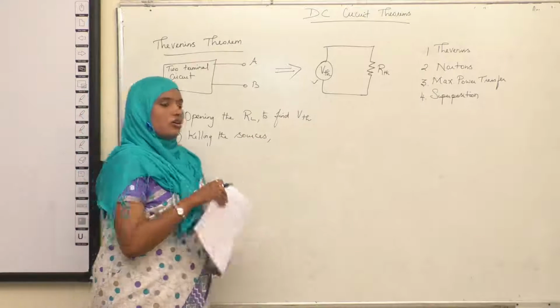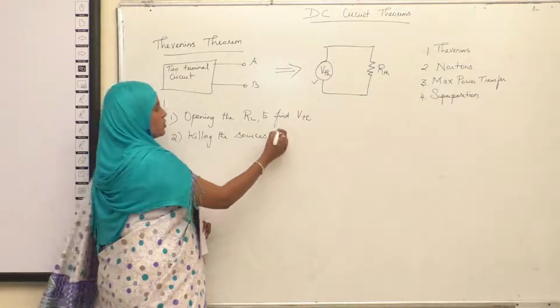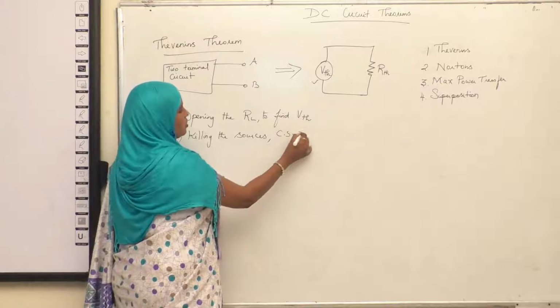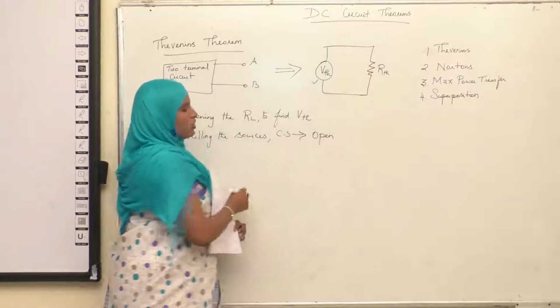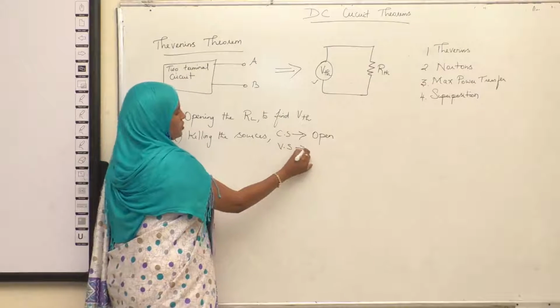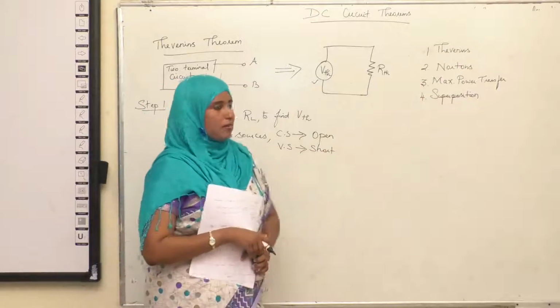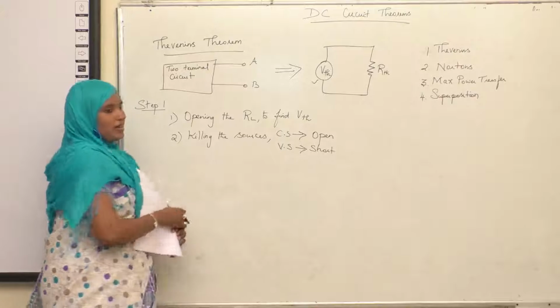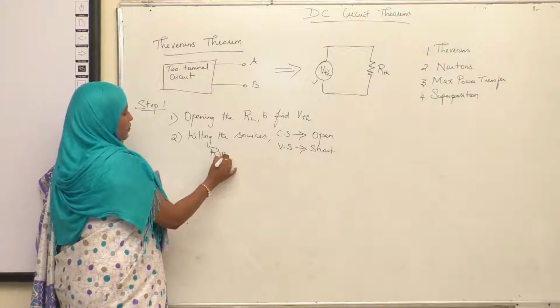There are two kinds of sources, a current source and a voltage source. If it is a current source, you have to make it open so that no current flows through it. And if it is a voltage source, you have to make it short so that no voltage will be available. Then you will have the remaining resistances. So find RTH from that.